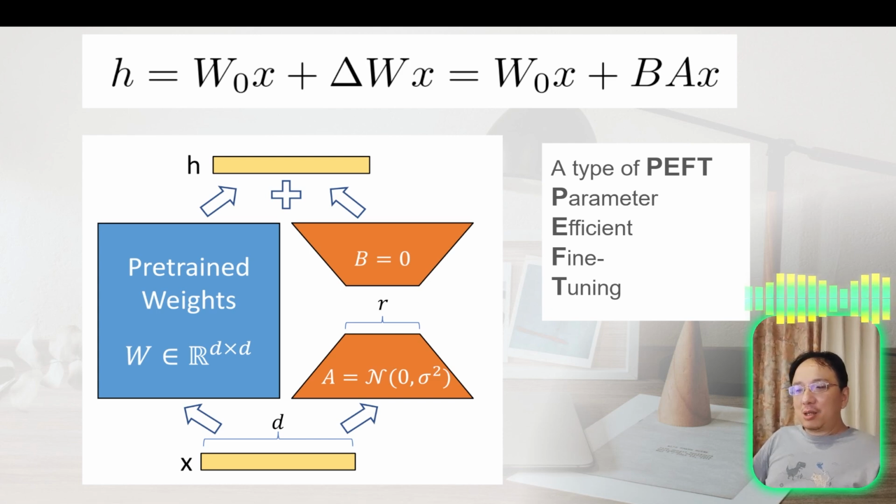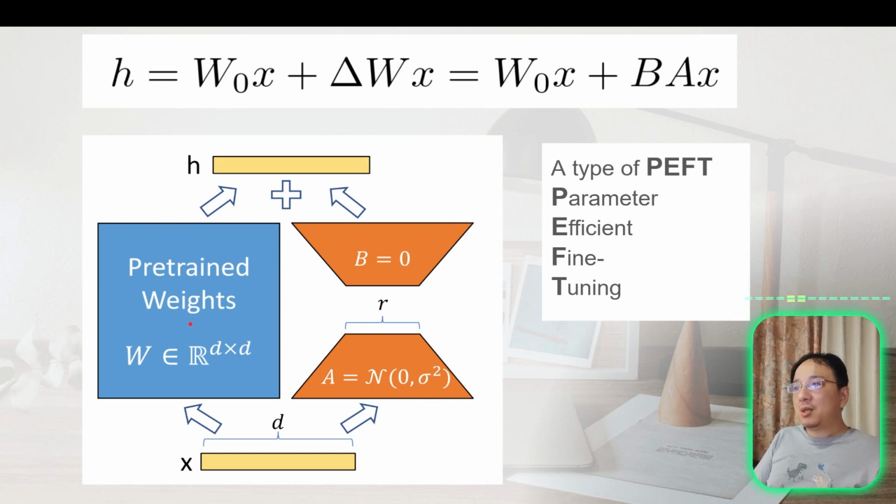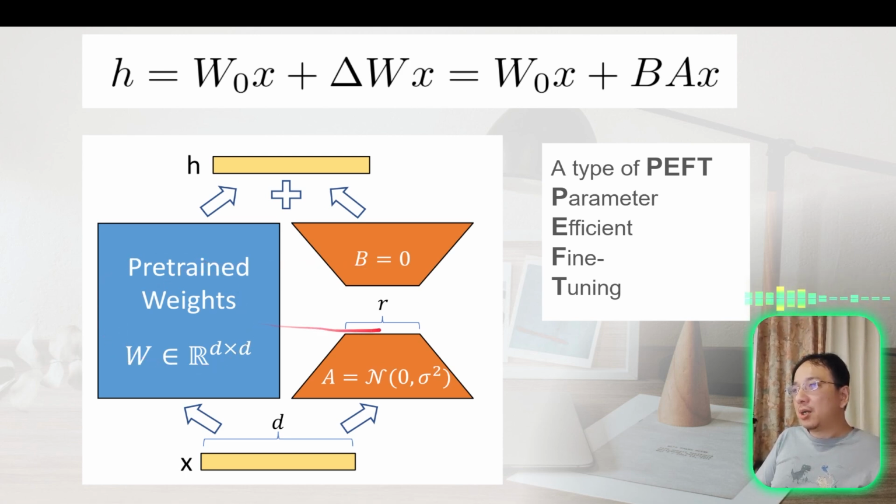But they share a common property, that is, we are trying to compress things into the important ones. So we are only using very few parameters compared to the original 4 million parameters to do our fine-tuning. So we are fixing the pre-trained weight and fine-tuning only on this part.